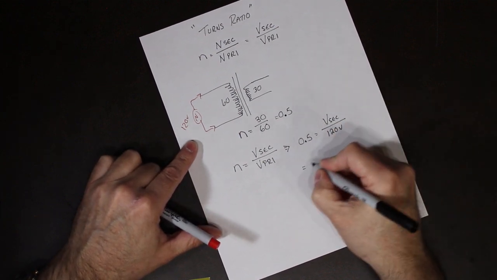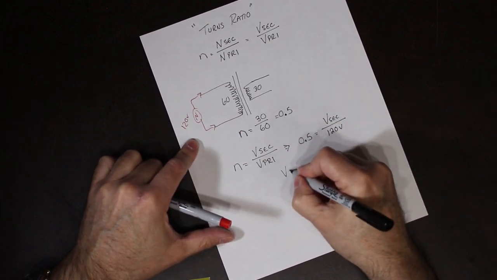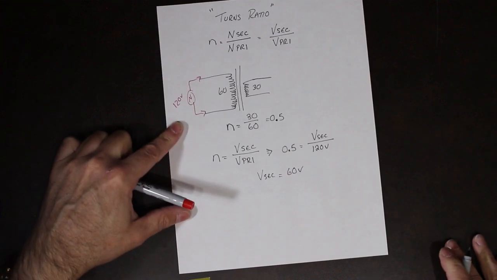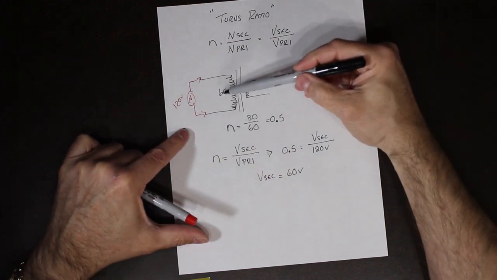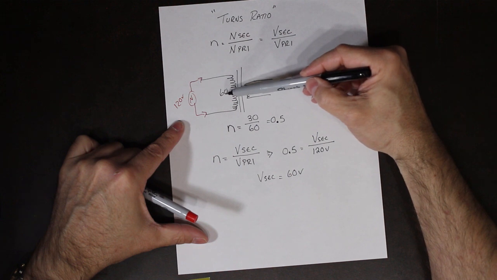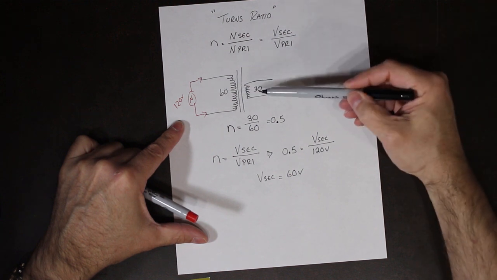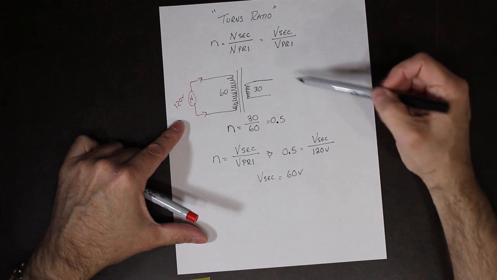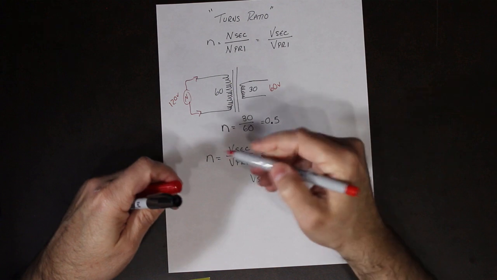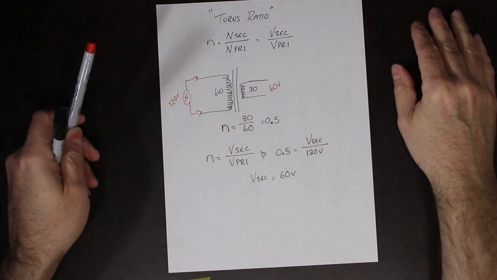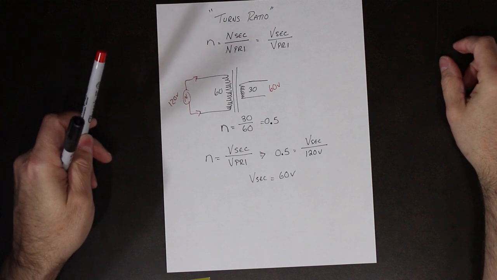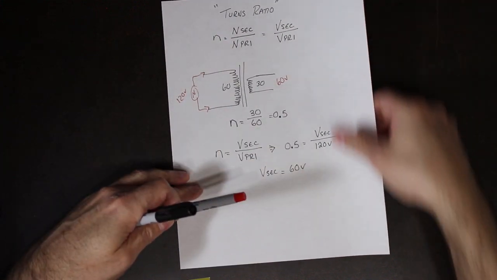When I work that out, the voltage on the secondary is equal to 60 volts. So if I apply 120 volts into a 60 turn transformer primary with a 30 turn secondary, I will get 60 volts coming out of that transformer. That is a turns ratio analysis.